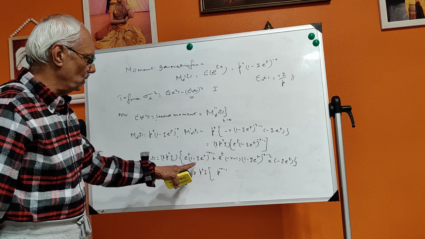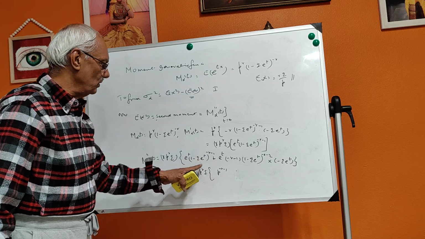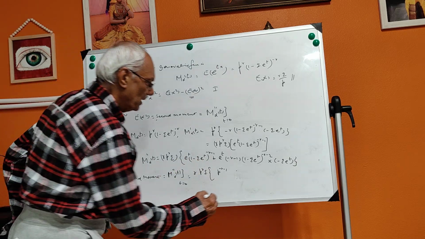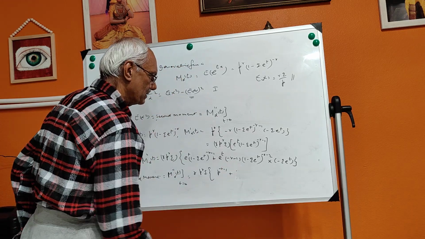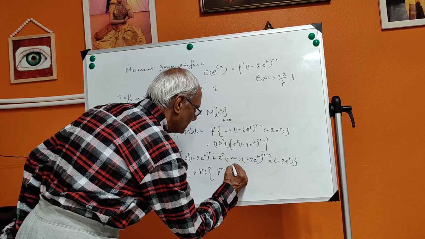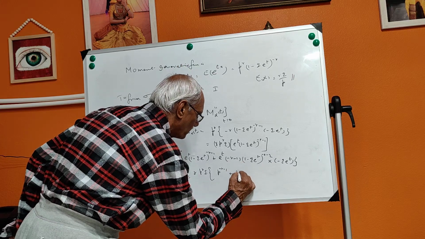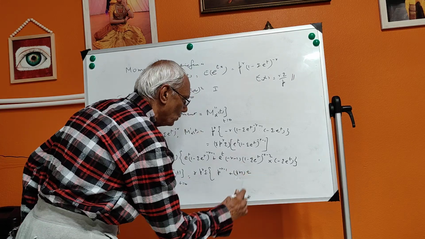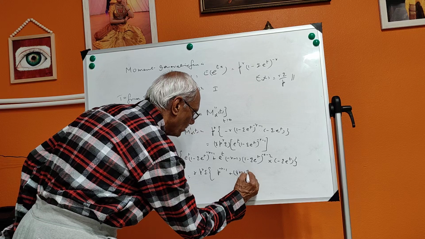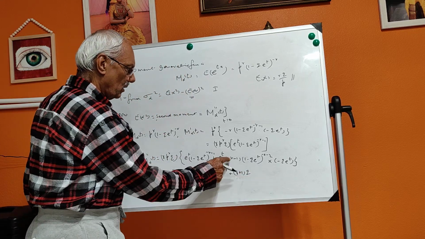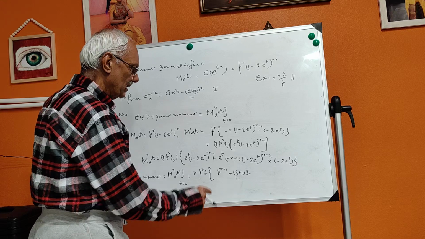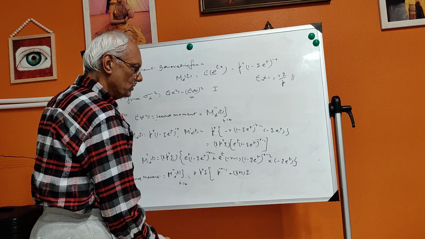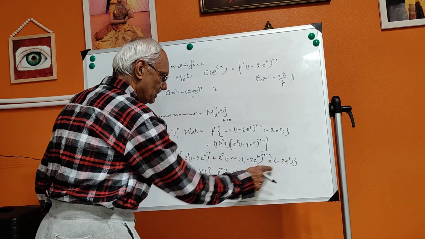Because e to the power of 0 is 1, 1 minus q is p, so you get this to be so much. Plus, minus into minus will make it plus. This is r plus 1 of q, r plus 1 of q. And if you take t equal to 0, this is 1 and this is 1.